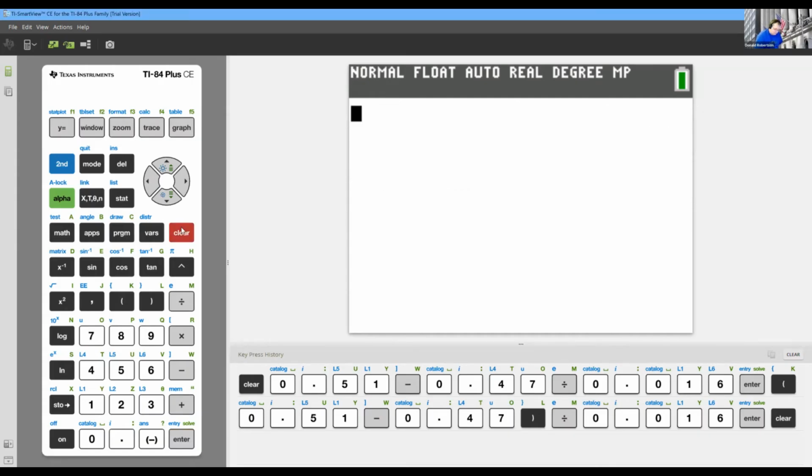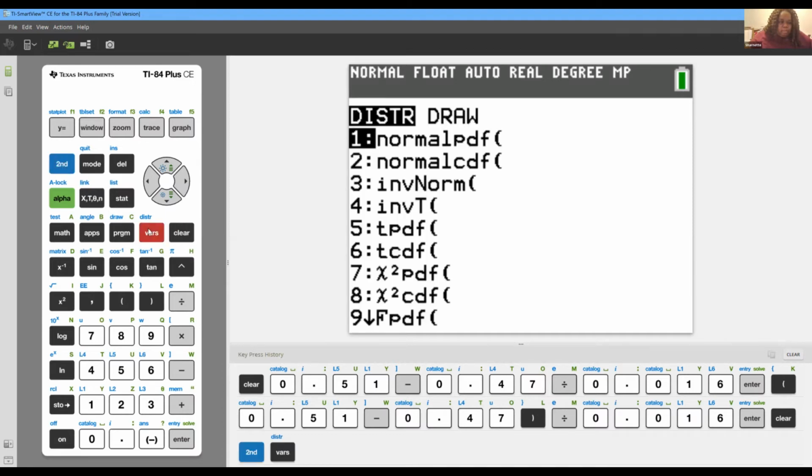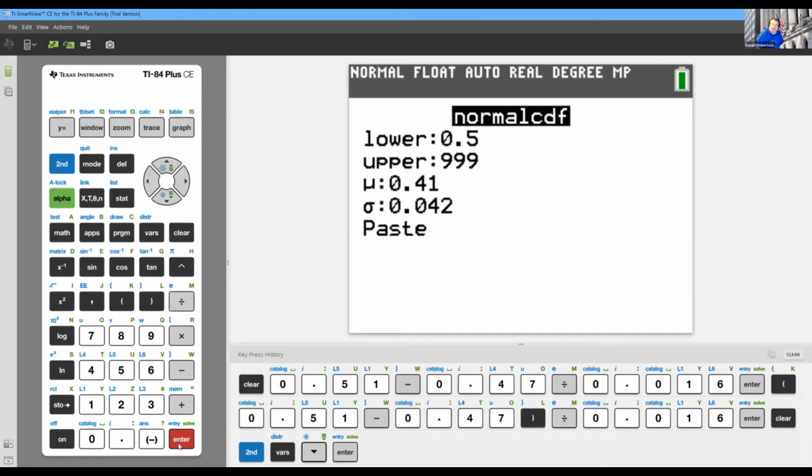Right. We're going to get the normal CDF. Okay. Anybody, what button do I press to find normal CDF? The blue button, and then the verse, and you go down to number 2. Got it. Remember that guy? Now, if you want to get a number bigger than 2.5, it's 2.5 to, you know, lots of 9s, right?